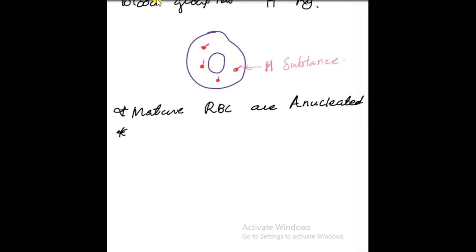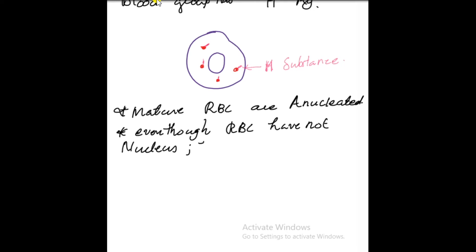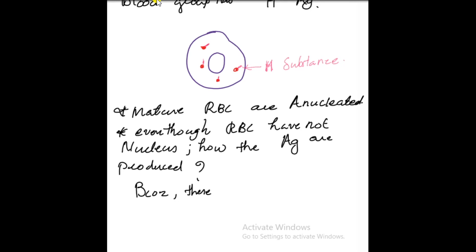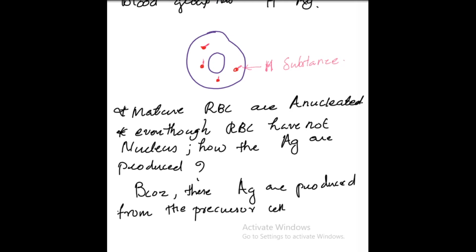Mature RBC does not have a nucleus, right? They are enucleated, but the precursor of the RBC has a nucleus. Even though RBC has no nucleus, how are the antigens produced? That is the question. That's why I already said that the immature RBC has a nucleus.